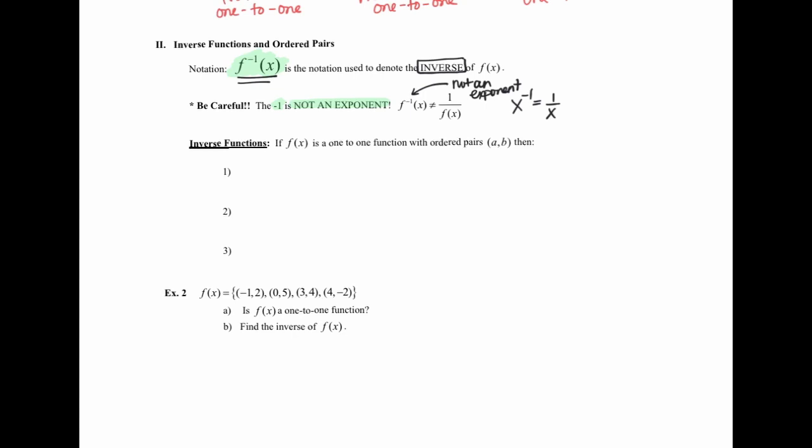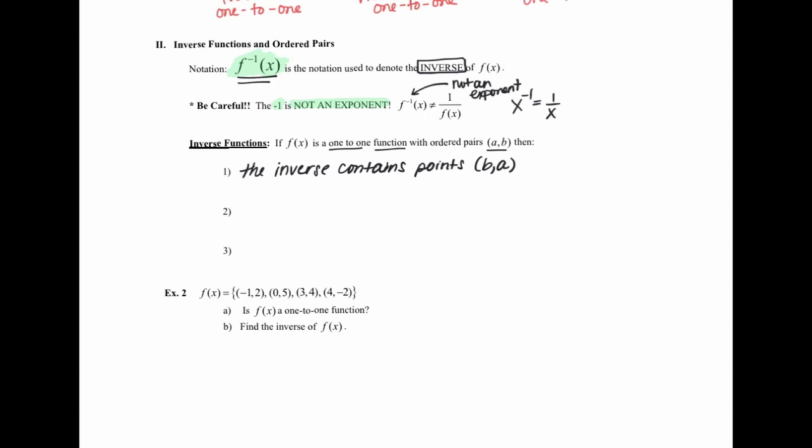So what is an inverse? Well, basically, if a function is a one-to-one function and it contains ordered pairs a, comma, b, then the inverse will contain the points b, comma, a. Now, if the original function had coordinates a, b, and the inverse contains the coordinates b, a, then essentially all that we've done is interchange our x and our y values.